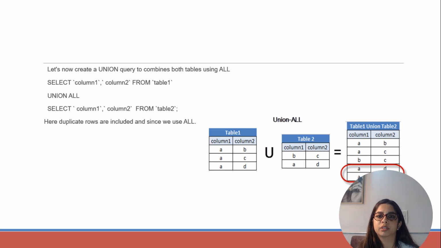Because here we are not checking whether anything is duplicate or whether we have to not print it. It will simply print all the rows in table number 1 plus all the rows in table number 2. So in the previous case, we were checking that any duplicate entries would be printed only once. Here, there is no checking happening. That's what union all is about.